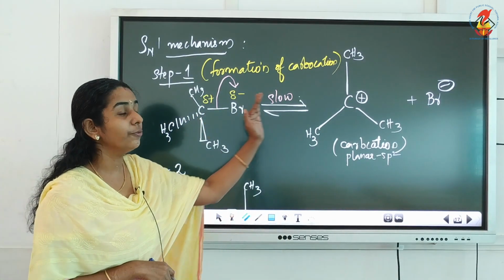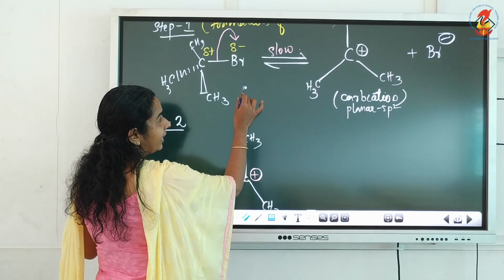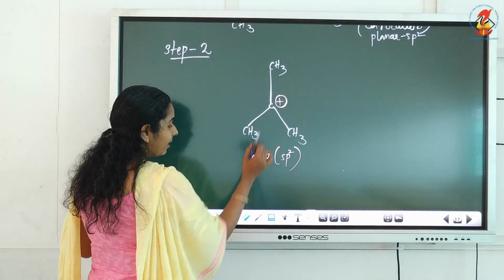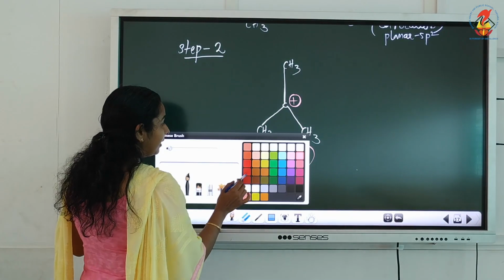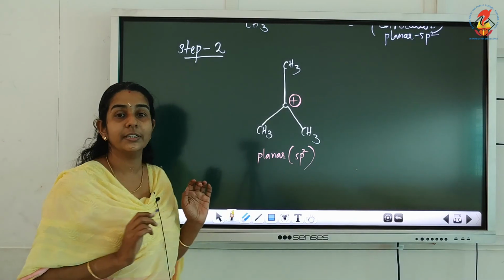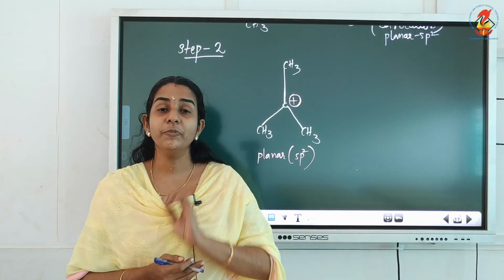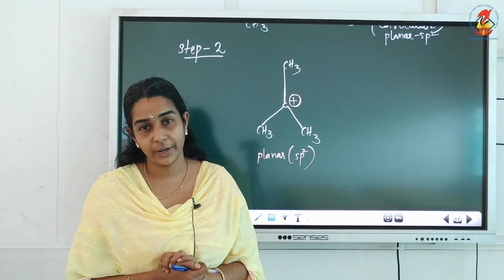So there is removal of the leaving group as X minus, and in the second step only the attack of the nucleophile will be taking place. This first step is the slowest step, so step 1 is the rate determining step of SN1.